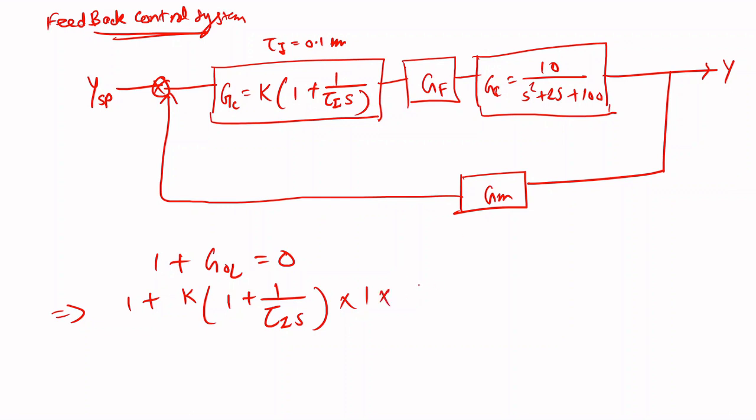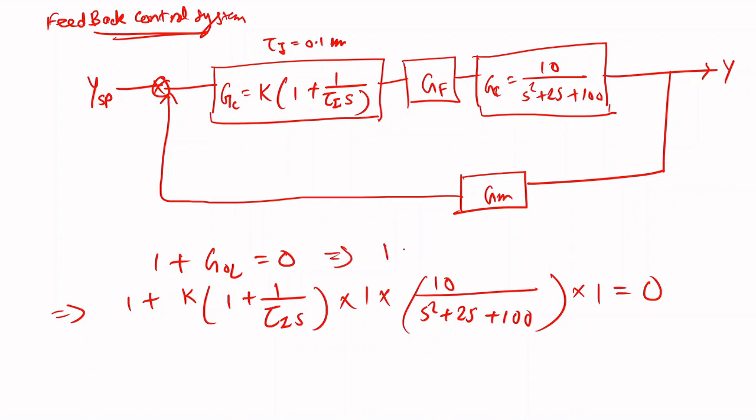Gp is 10 upon S square plus 2S plus 100 into GM is 1 is equal to 0. Basically, we got this from this 1 plus G open loop is equal to 0, and G open loop was Gc, GF, GM, and Gp. Then we replace the values of this transfer function to get this equation.